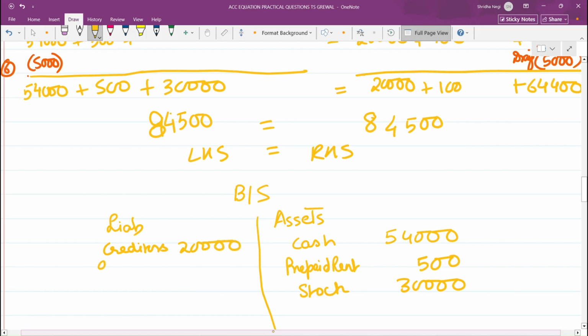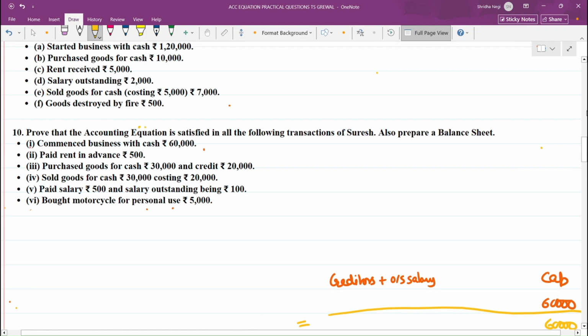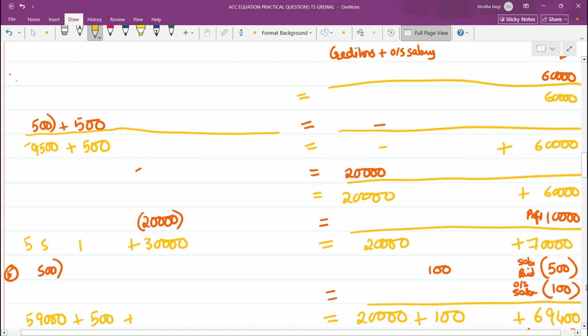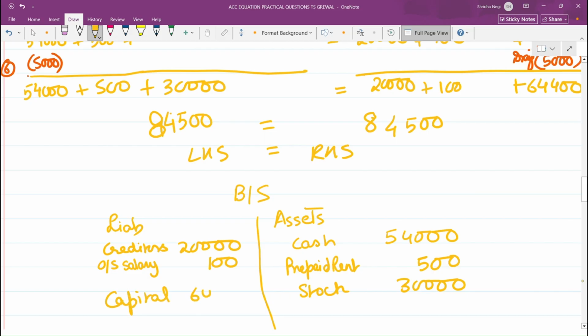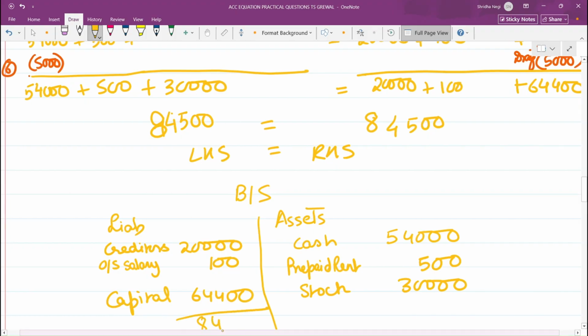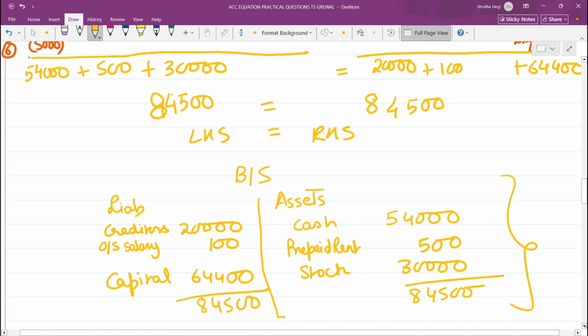And outstanding salary is 100. And your capital is 64,400. So now the total is 84,500 and here also the total is 84,500. ठीक है, so your LHS is equal to RHS and your balance sheet is prepared.